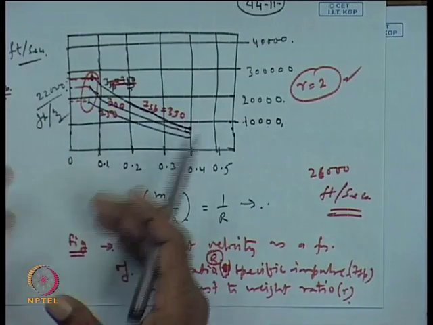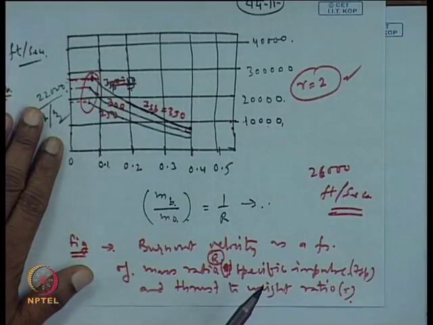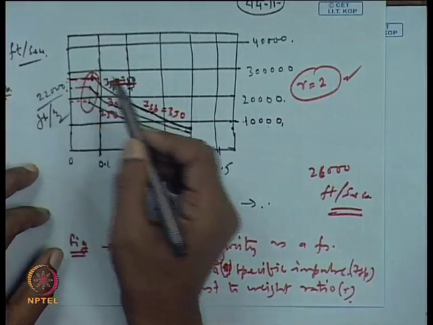So, we see that by using a single stage rocket, in a simple calculation for the vertical ascent, the required velocity is 26,000 feet per second, while we are getting around 22,000 feet per second.